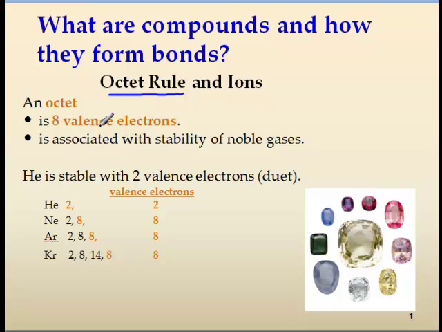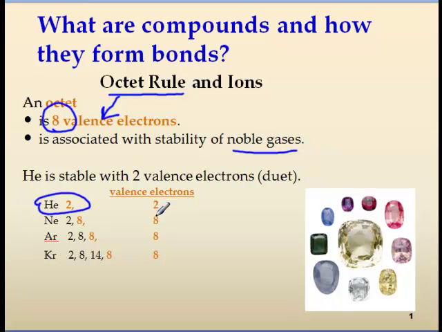In this chapter, the focus is on the octet rule, which states that in order for an element to be stable, it must follow the noble gas in its periodic row or series. And all noble gases have 8 electrons in their outermost shell, except helium.